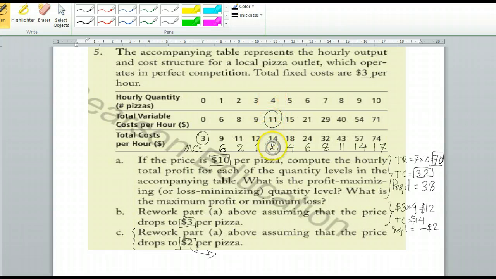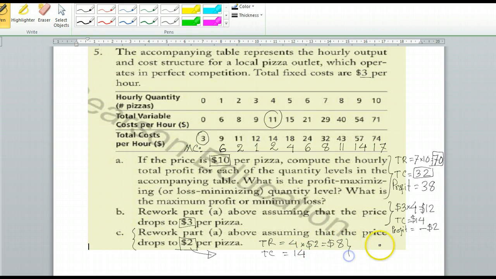So this firm will produce up to 4 units of pizza if it produced, in which case the total revenue would have been 4 units times $2 per unit equal to $8, and total cost would be, as given by the total cost column, $14 for 4 units.